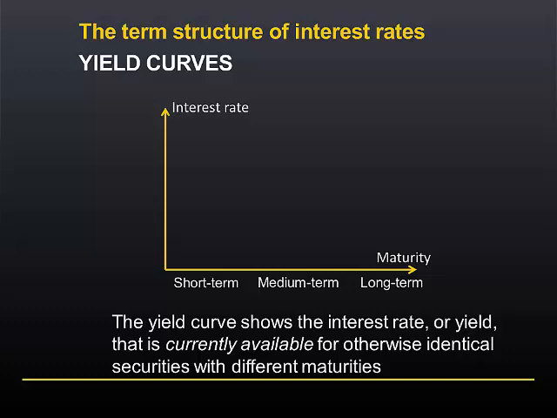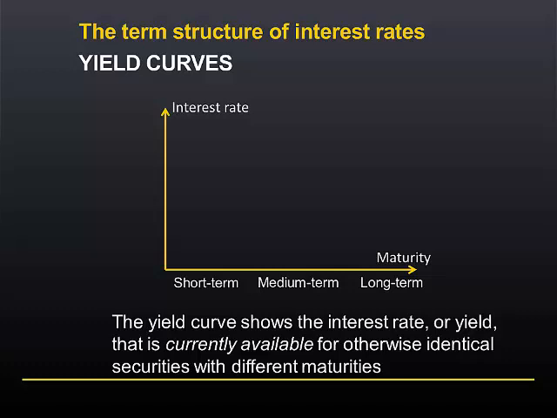Maybe we can learn something about the future. We'll cover that in the next module. But the yield curve is expressly plotting interest rates, or yields, which means the same thing, that are currently available. What interest rate you will get for a short-term investment, or a medium-term investment, or a long-term investment.